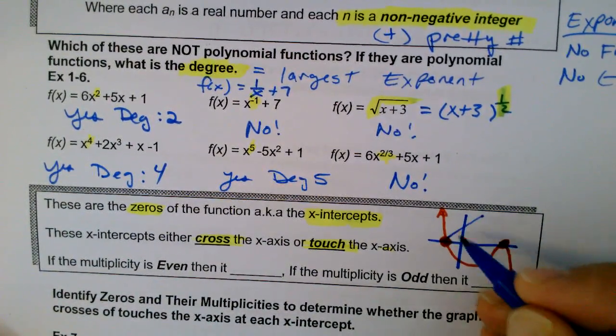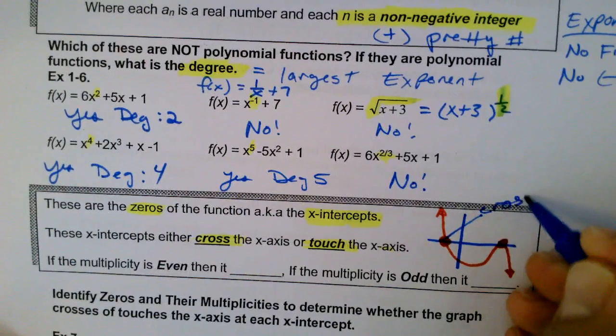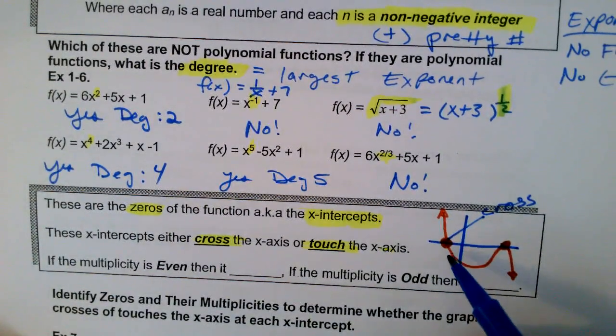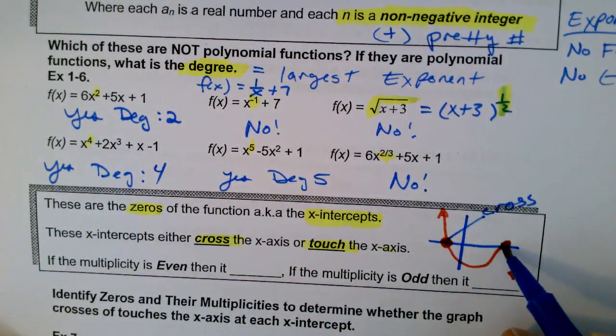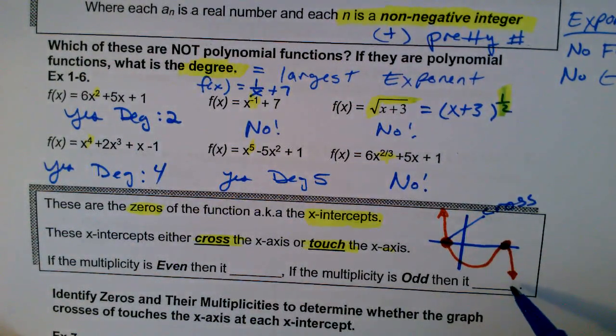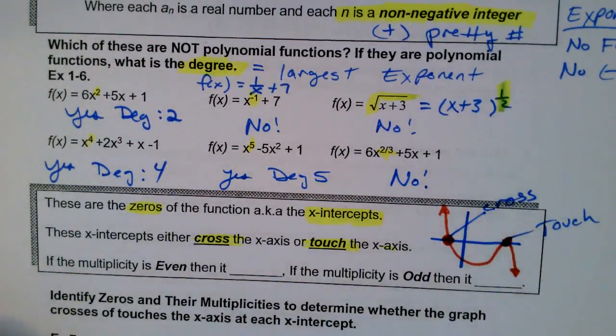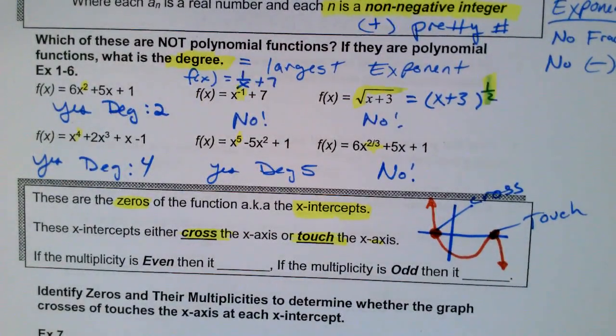This one right here literally goes from one side of the street to the other, literally crosses over. That's a cross. Versus this one goes up, touches the x-axis, and then goes straight back down. So it stays in the same quadrant. Okay, that's a touch.